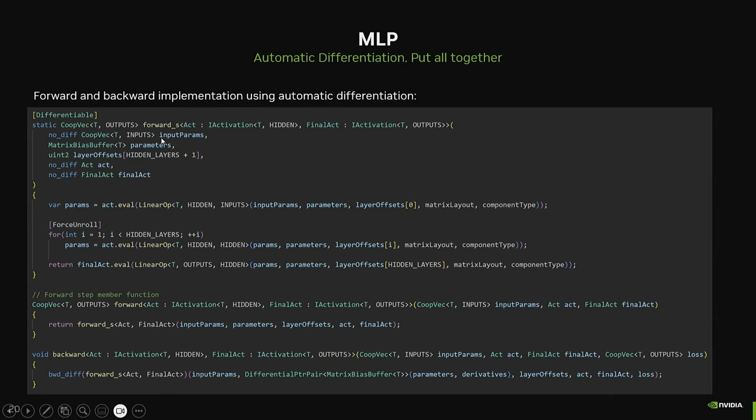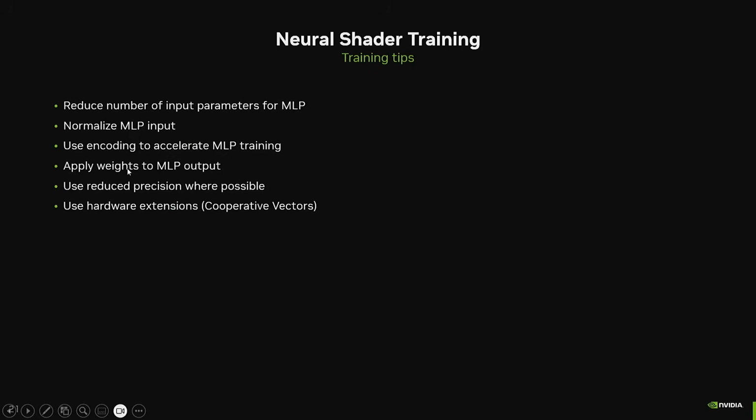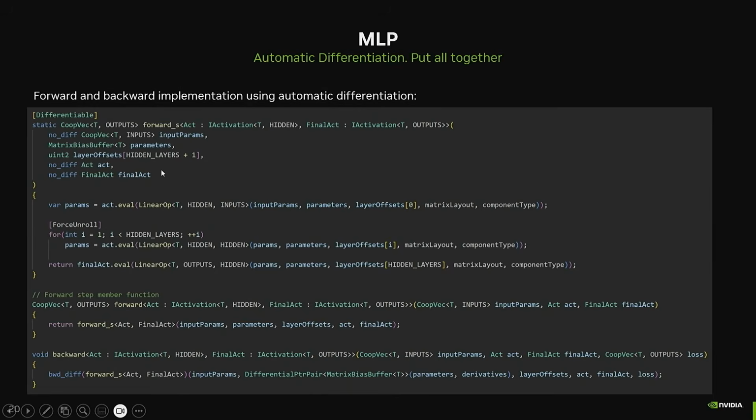Now it has input parameters: the storage for the parameters of the network, an array of the offsets for weights and biases, and an activation function. We use the same activation function for transitions between all layers except the final layer, and we have that final activation separate.